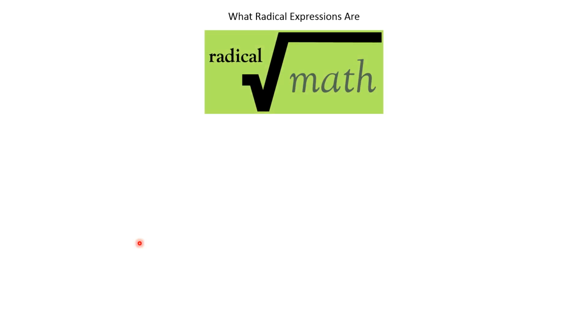So, what are radical expressions? Radical expressions are just a fancy word for roots. Square roots are radicals. But radical is the more generic term, because a square root has specifically a 2 here. We don't write a 2 there, but it would be a 2. Radicals also include things like cube roots, 4th roots, 5th roots, 17th roots.